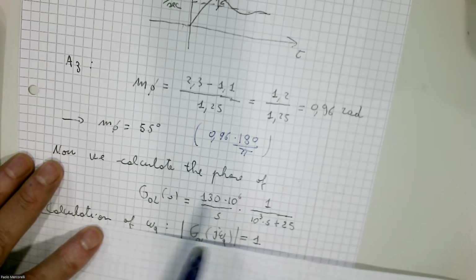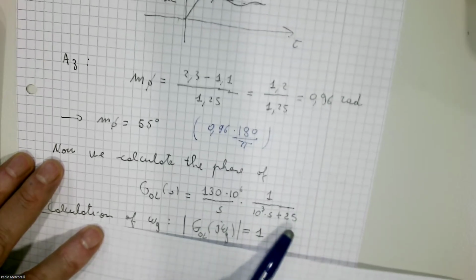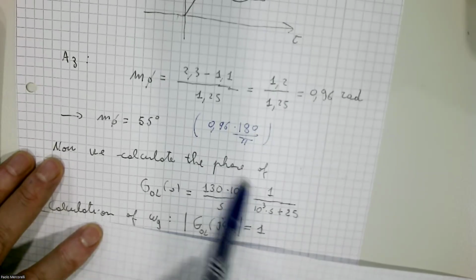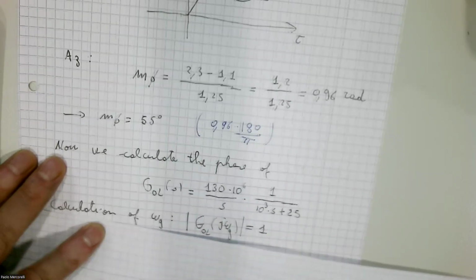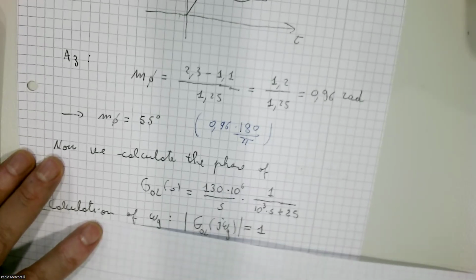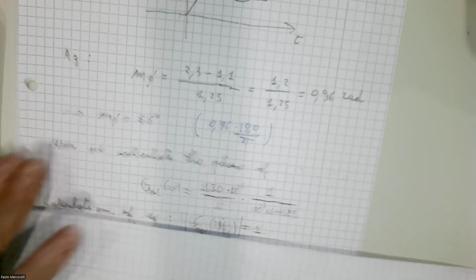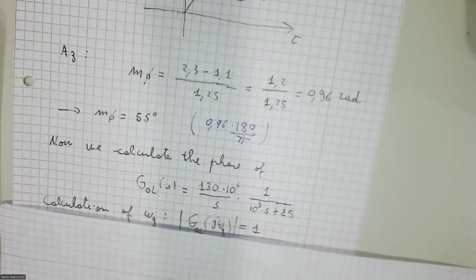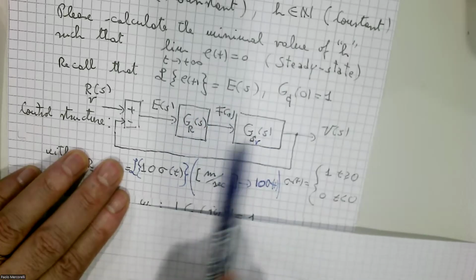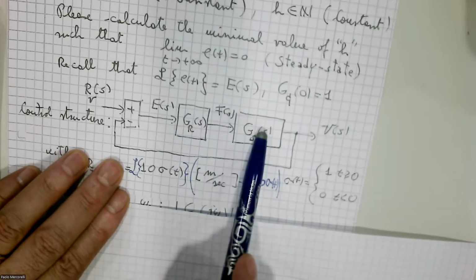We already used this value, or at least this we used, B. This is the control, no? Until now. The GOL is the product. I don't know if this is clear. It's easy to remember. Open loop, no? Or loop gain. Loop gain means you loop and you find this, multiply this.